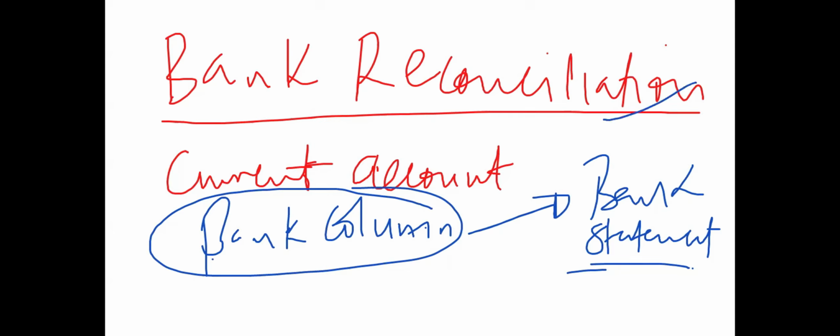A bank reconciliation is just looking at a situation where you can make the cash book balance look exactly the same as the bank account balance at a given period of time. So that's basically what bank reconciliation is all about.